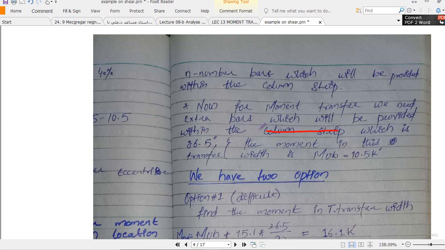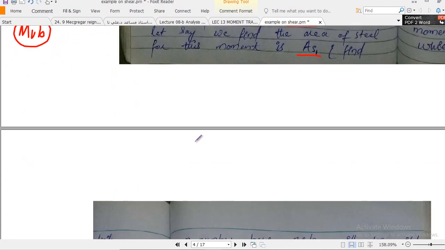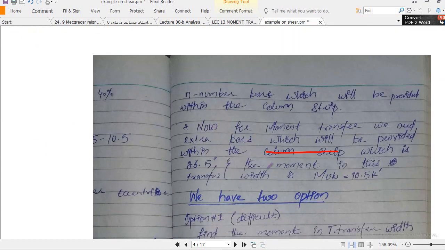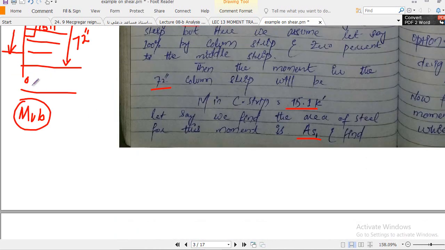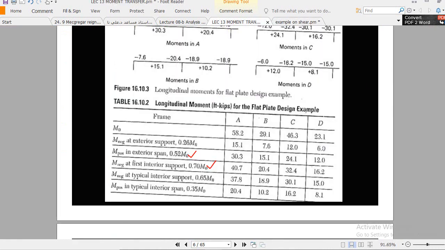We need extra reinforcement, and that extra reinforcement will be provided in the transfer width, and we already determined that the transfer width is 26.5 inch. The moment in this transfer width is Mub, and this Mub will exist in this portion. I already explained this thoroughly in this lecture.